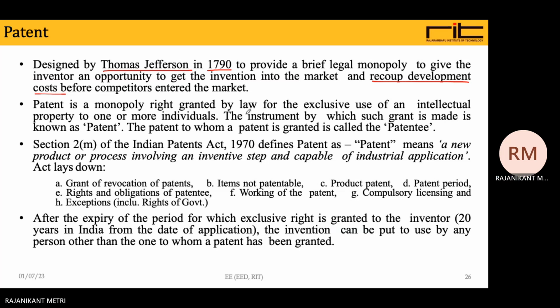So Thomas Jefferson wanted to create an opportunity so that inventors can get the development cost from that, and this is how the patent started. It is a monopoly right granted by law for the exclusive use of an intellectual property to one or more individuals.